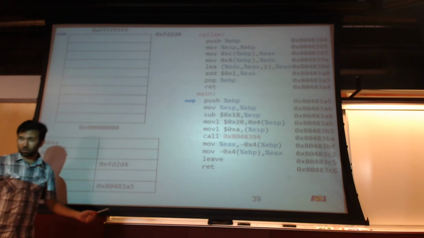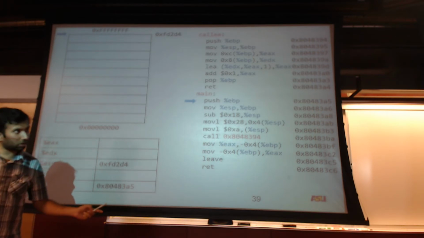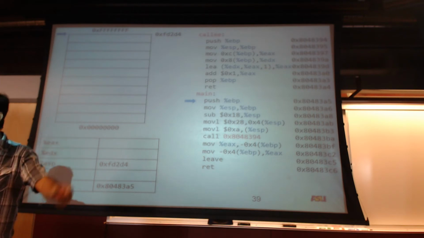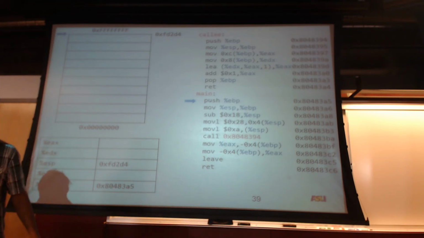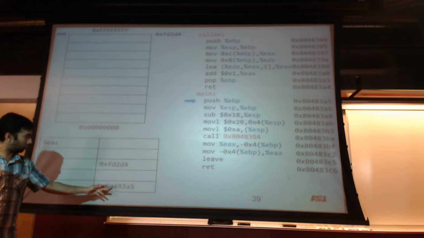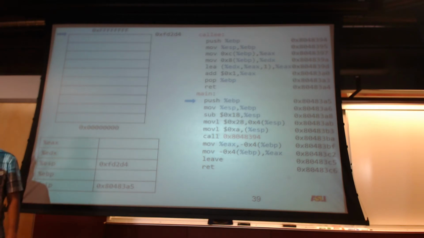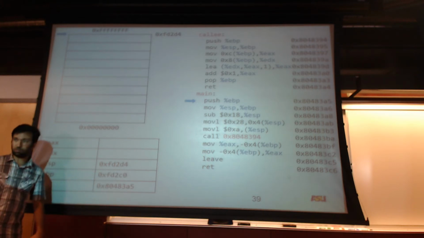Before we do that, we have to also initialize the instruction pointer. The instruction pointer is the line of code that you are going to execute. So the instruction pointer is set to 80483A5. Now once it is set, let's execute push EBP. Let's assume EBP has a value of FD2C0.